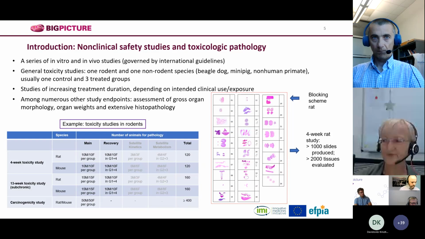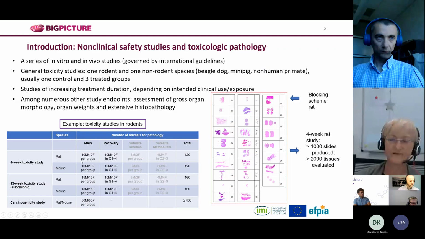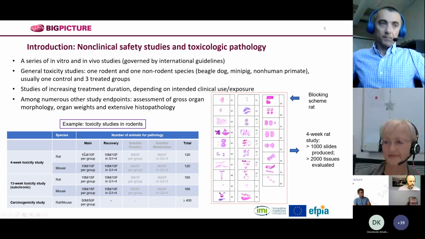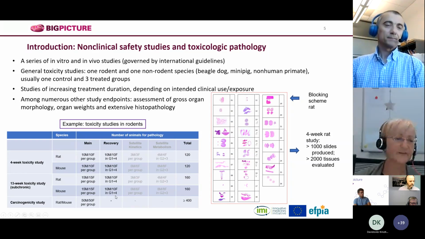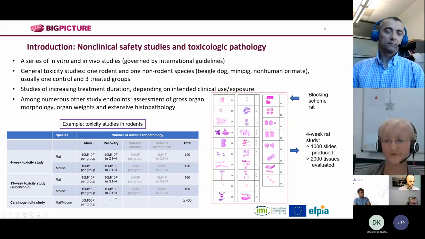To give you an impression about the dimensions or the numbers of tissues we have listed here some typical studies performed for new drugs. A 4-week toxicity study, so treatment for 4 weeks in rodents, so either in rats or in mice. They typically contain 10 males and 10 females per group, killed at the end of treatment, and then also recovery groups kept for an additional period in order to evaluate reversibility of changes.